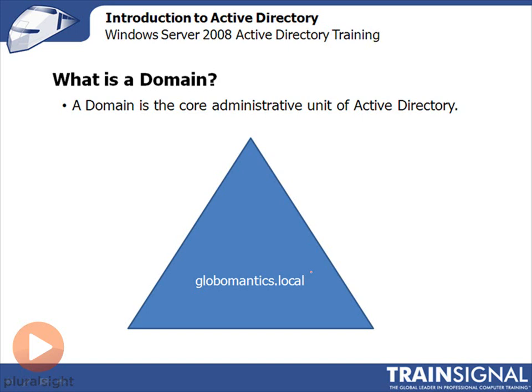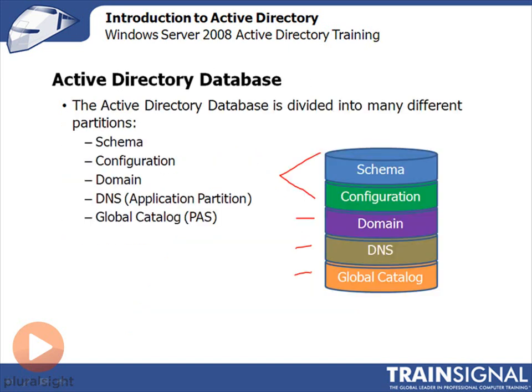Now, another definition you might see, and this one actually is still accurate, is that a domain is a unit of replication. That is not false. A domain is a unit of replication. Why? Well, let's go back and take a look. Remember our partitions to the database?